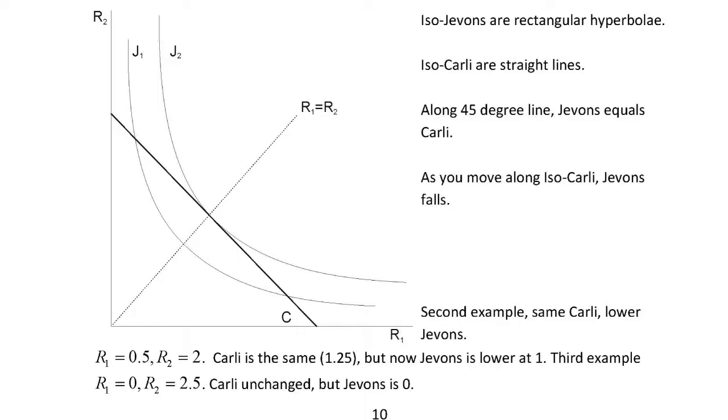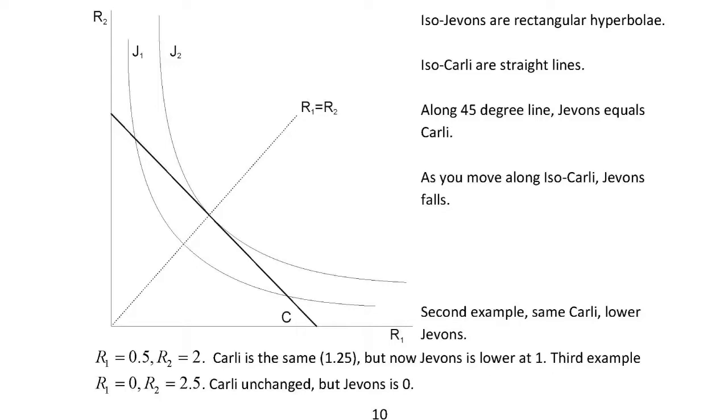And if we look at the level of Carli, which gives you a particular value of the Carli index, that is R1 plus R2 equals a constant, or the average equals a constant, that's simply a straight line like the one you have there. That's the negatively sloped 45-degree line. Obviously, as that shifts further and further out, you've got a higher Carli average. But along that line, the average is exactly the same. That's why it's called iso-Carli, the same value for the Carli index.